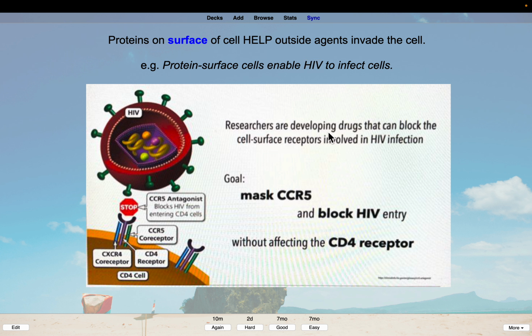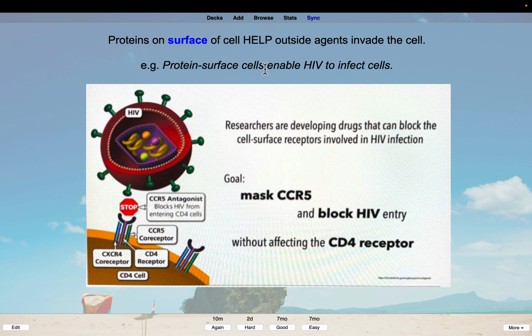So researchers are developing drugs that can block the cell surface receptors involved in HIV infection. From the observation that certain people don't have this kind of cell surface protein, scientists want to see if we could block that protein for those who can actually be infected by HIV in the first place.